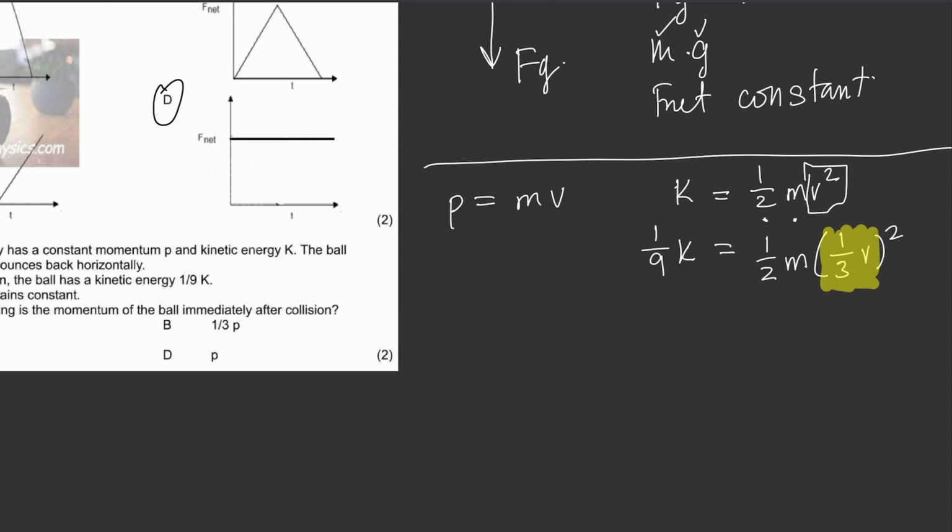So we can use that and calculate the momentum. So the new momentum is going to be the mass times 1/3v. So that's going to be 1/3 mv, which is 1/3 times the original momentum. The answer there is B.